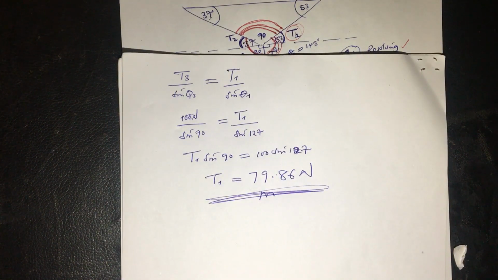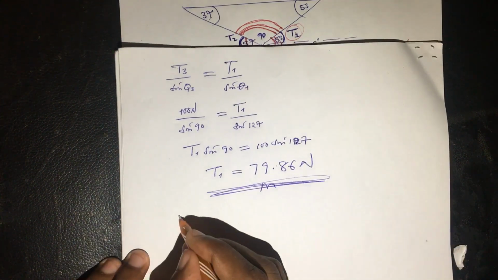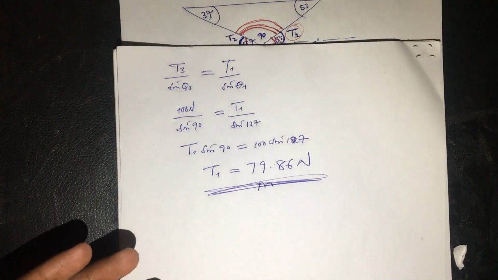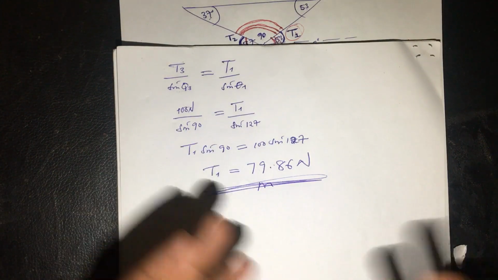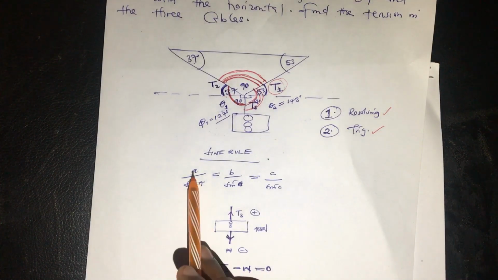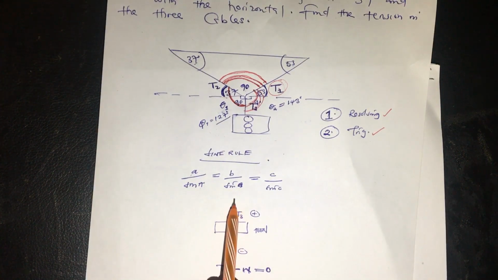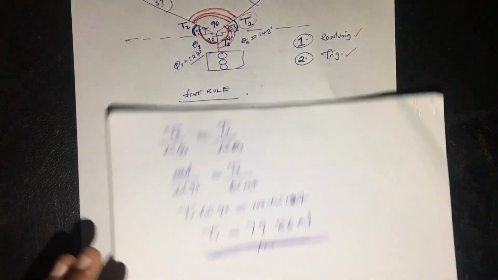Once you find T1, you go further to find T2. Use this complete side again. If you want, you can even use T1, since according to the sine law, A over the sine of its corresponding angle is equal to B over the sine of its angle, which is equal to C over the sine of its angle. So everything is equal.